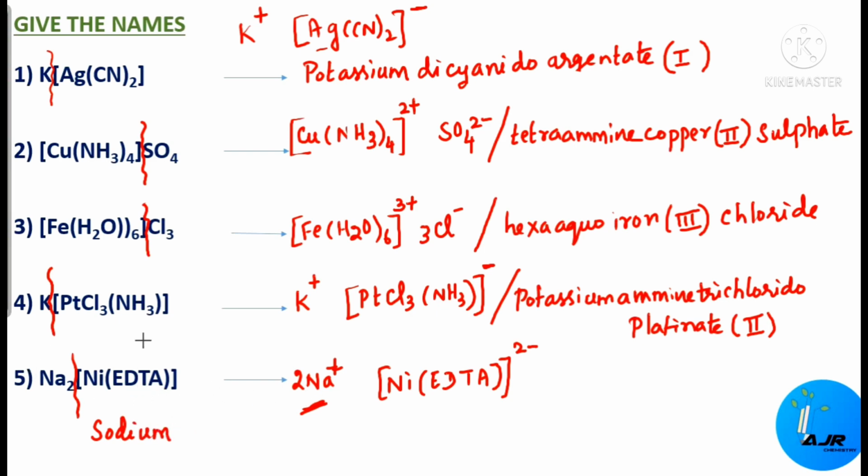Next comes the complex, is it not? In this complex, it's a negative ion, so it's an anionic complex. So the name of the ligand should be written first. So ethylene diamine tetraacetate.